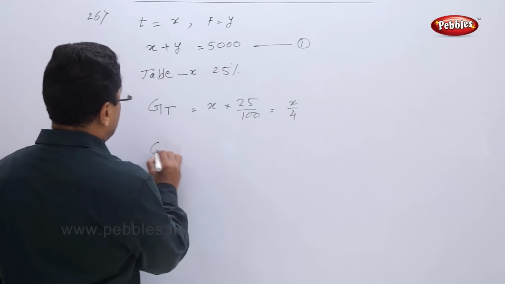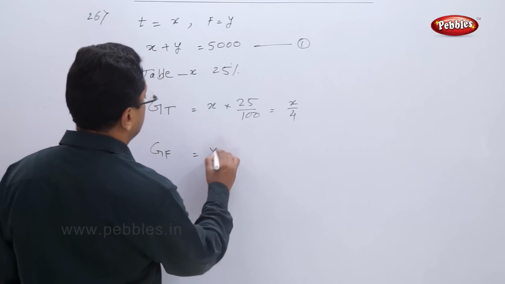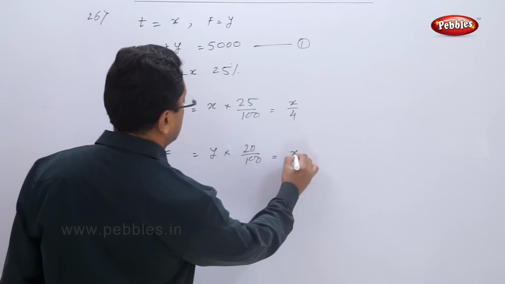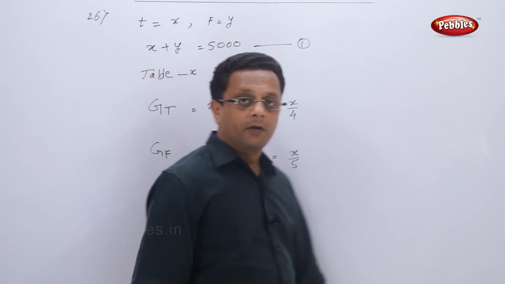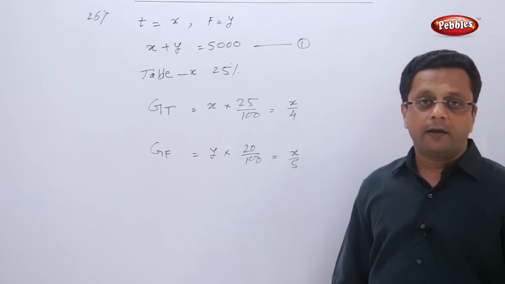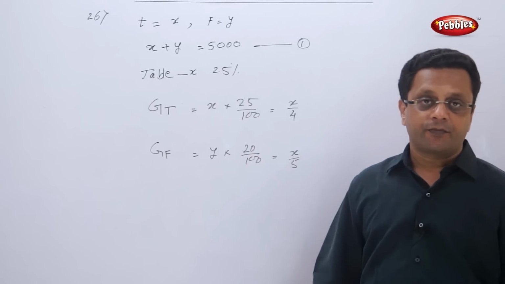Now what is the gain on selling the fan? It is Y into 20 upon 100, that is Y upon 5, because on the fan he sold at a gain of 20%.